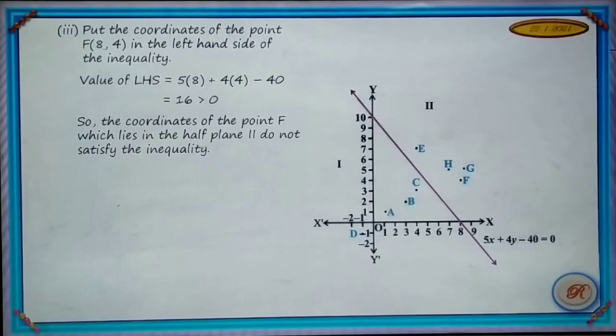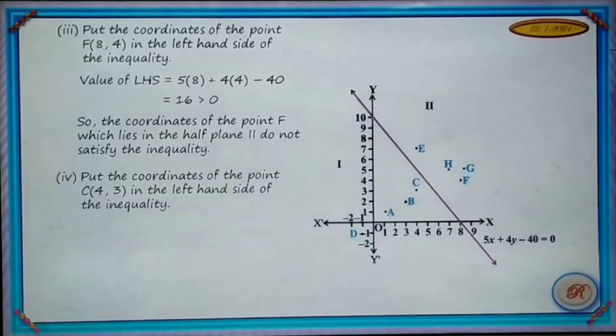Put the coordinates of the point C, 4, 3, in the left hand side of the inequality. Value of LHS is equal to 5 into 4 plus 4 into 3 minus 40 is equal to minus 8, less than 0. So, the coordinates of C, which lies in the half plane 1, satisfy the inequality.